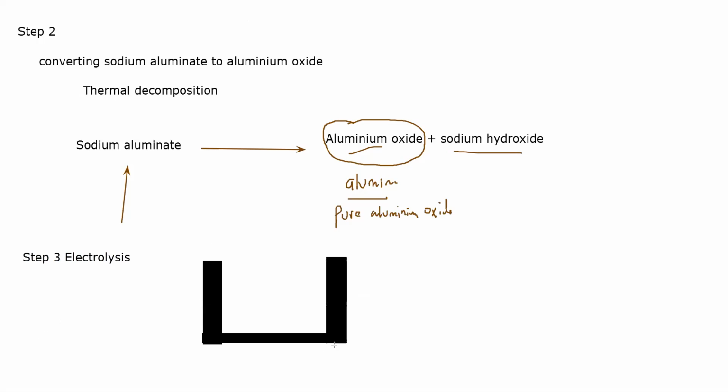Anode and cathode both are made up of graphite. The part which is connected with the positive terminal is called anode, so these are the rods of anode.